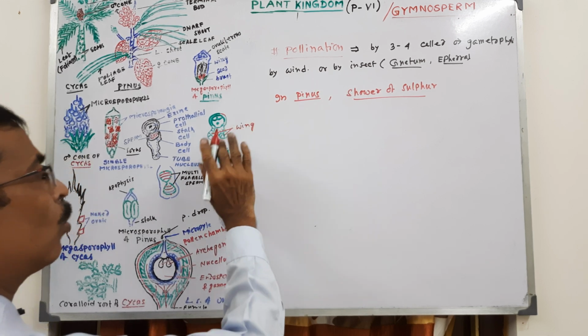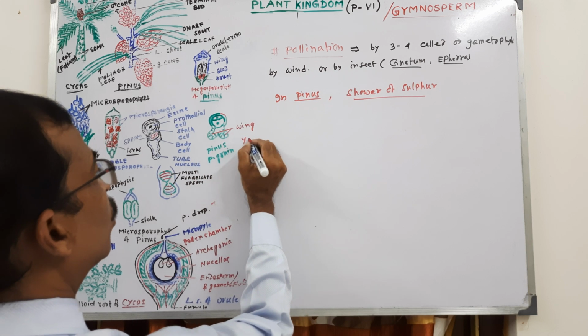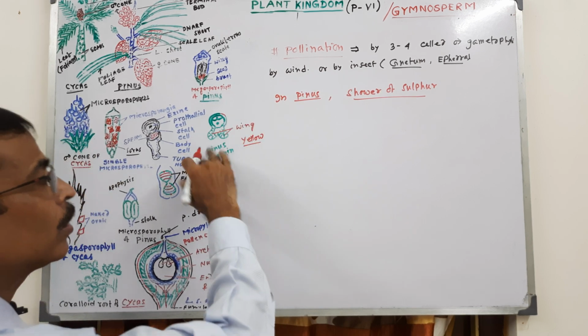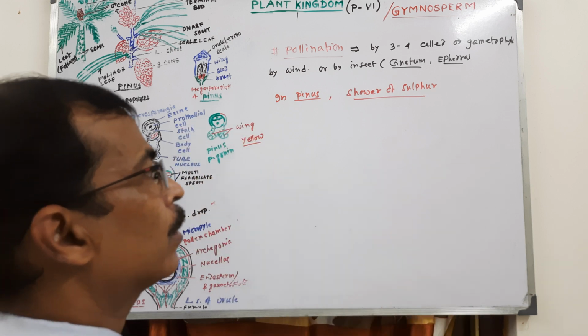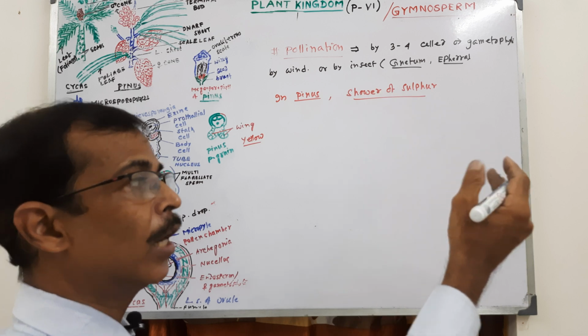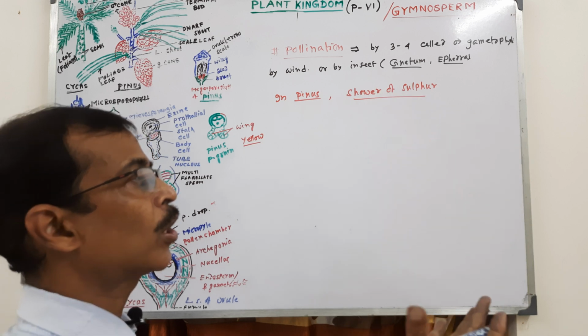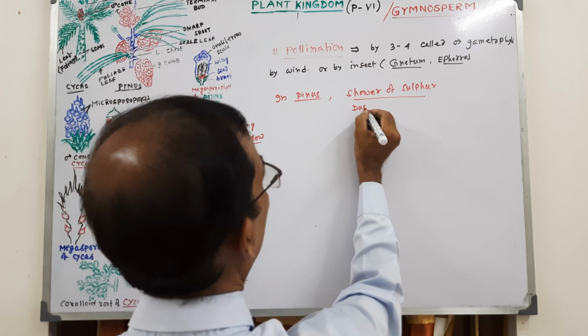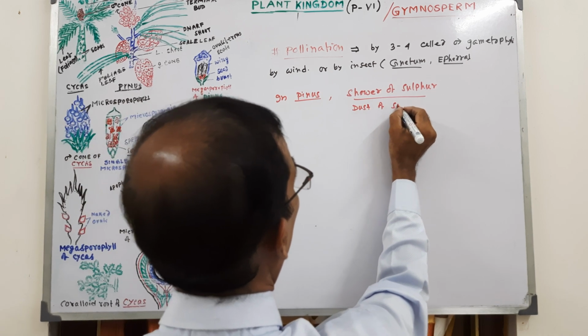When numerous yellow colored winged pollen grains are transmitted through air from one hilly area to another, it looks like a shower or dust of sulfur.